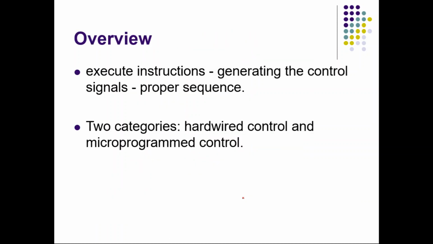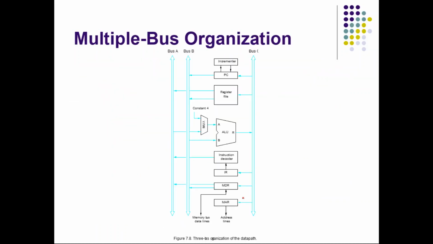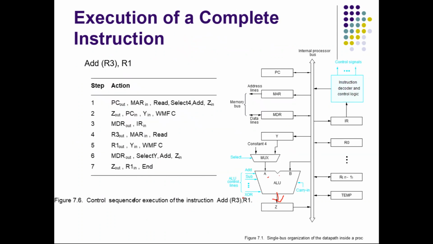You may think it's not making any sense, but if you see the previous instructions which we have discussed, like add R3, R1, this is PC out. Whatever is in PC goes to the memory address register, then we give the read. Then we select 4, the constant 4 for the multiplexer. Then we add whatever is in the internal bus, which at that time is the output of PC.